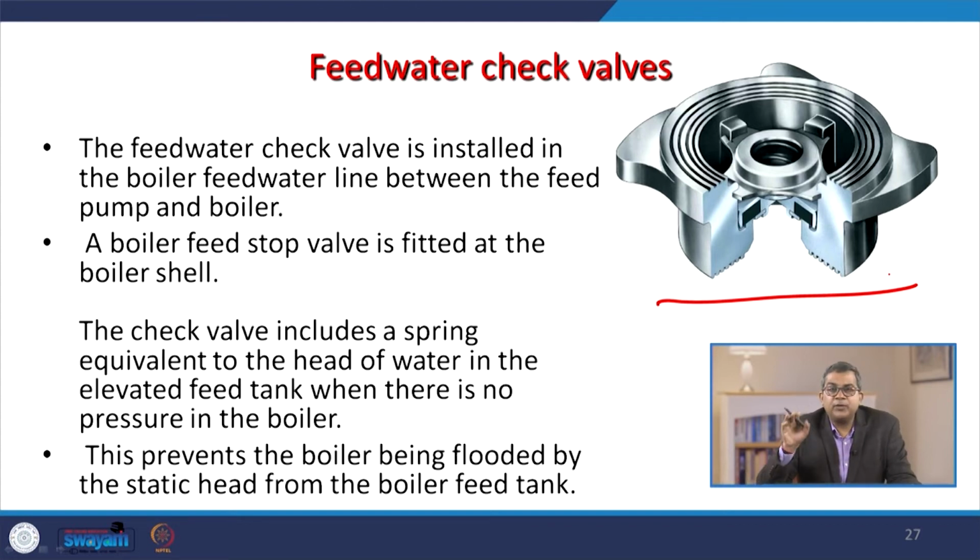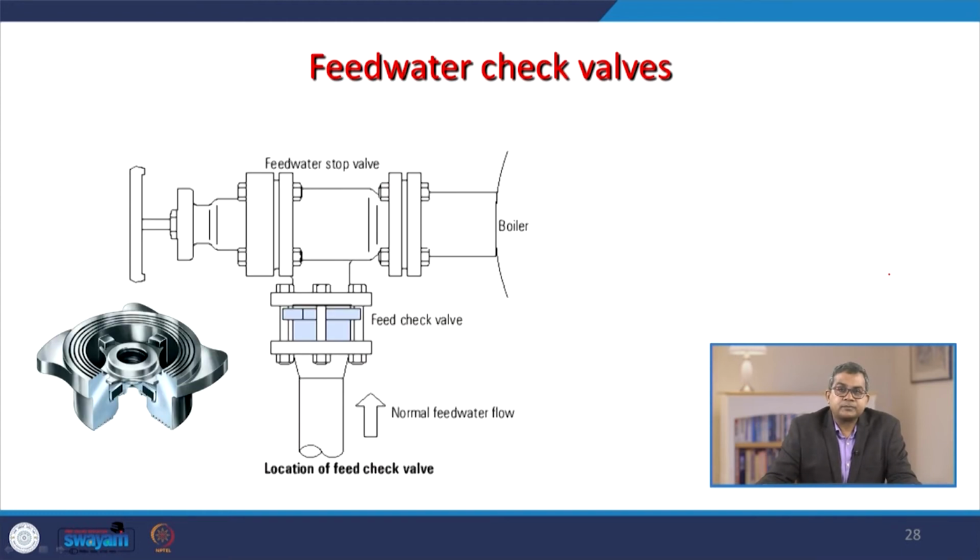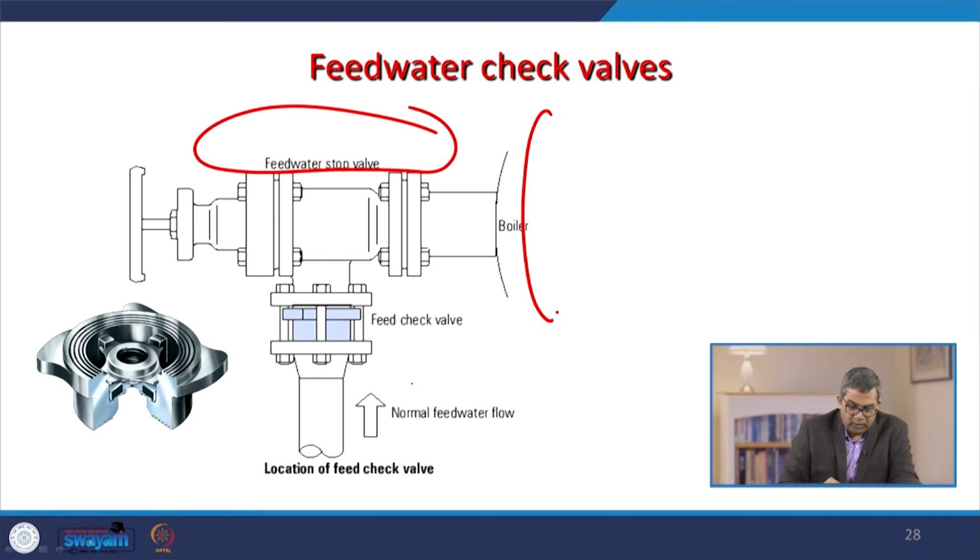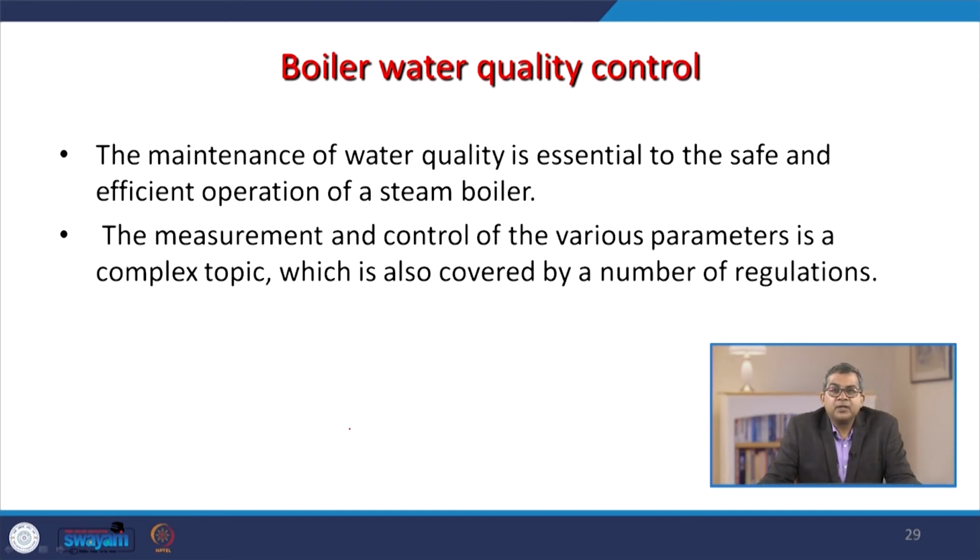So, this prevents the boiler being flooded by the static head from the boiler feed tank. Here you see where we are fitting, this is the main boiler shell, and this is the feed water stop valve. The feed water check valve is situated here, and this is the normal feed water flow.